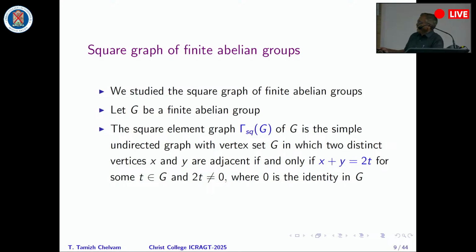When I take a finite abelian group, naturally people write it additively, because the abelian operation is always written as addition. Therefore t square becomes 2t for some non-zero t in G, where 0 is the identity element of G. So this is the definition of the square element graph.